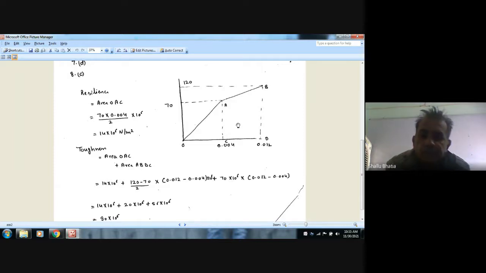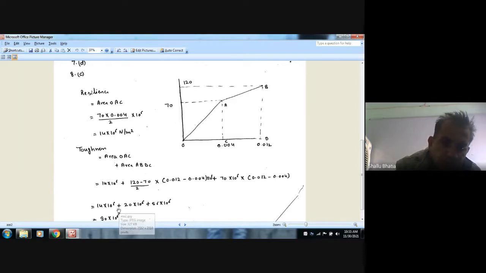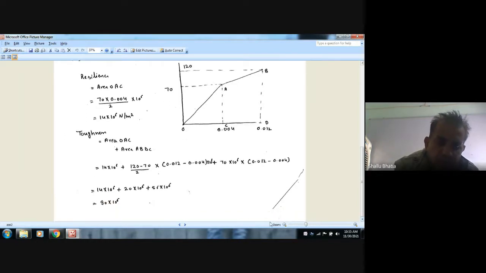Okay, and the area of this rectangle is 70 into 10 to the power 6 into 0.012 minus 0.004. Okay, so if we sum all this, it will be 19 over 6.